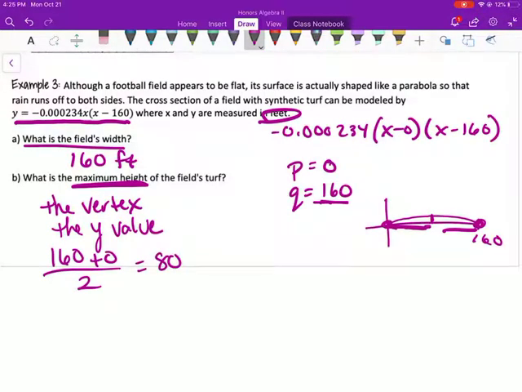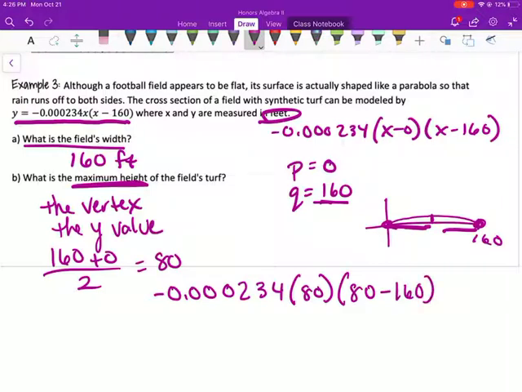And then what I need to do is plug 80 into my equation: 0.000234 times 80 times 80 minus 160. So let's see what we get for that.